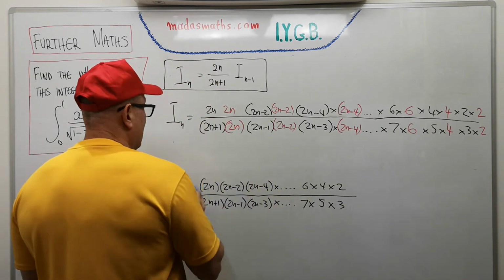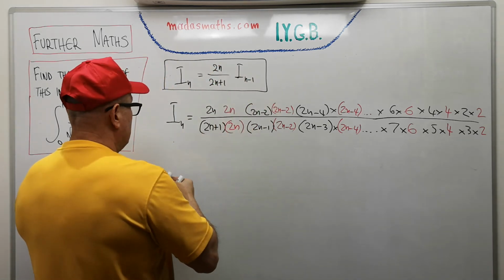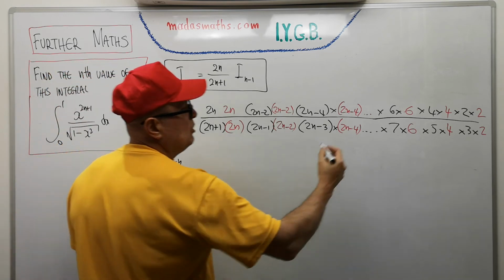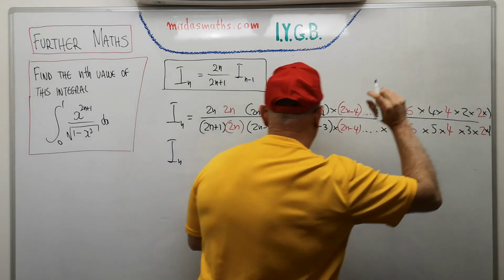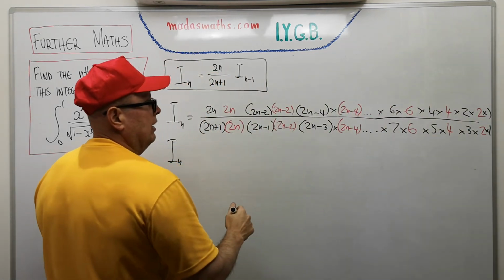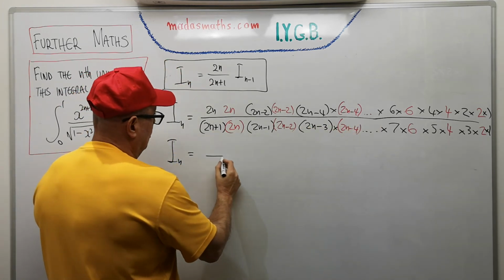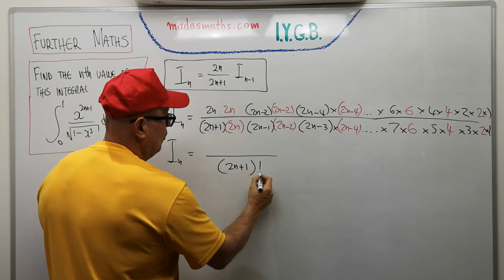So let's look at what we have got so far and what is happening. Now the denominator is very nice. We don't have the 1, but it's no problem, yeah? You can put a 1 if you want, or 2 lots of 1 on the numerator. All of this is in fact now your 2n plus 1 factorial.